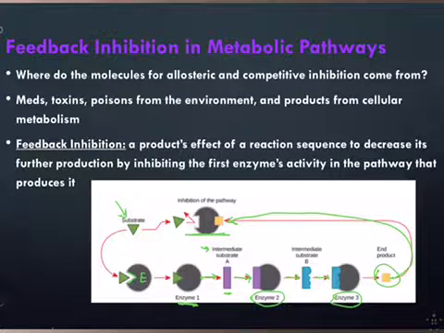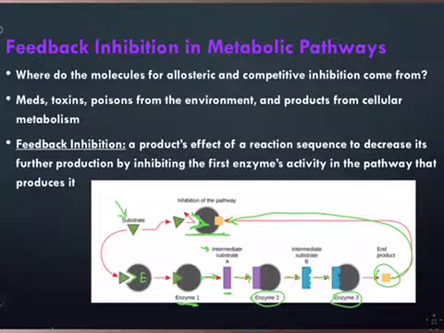Is this a diagram of a competitive inhibitor or an allosteric inhibitor? Allosteric. Why? Because it's not competitive. There's nothing that can take its spot. So this is allosteric because it bound away from the active site.